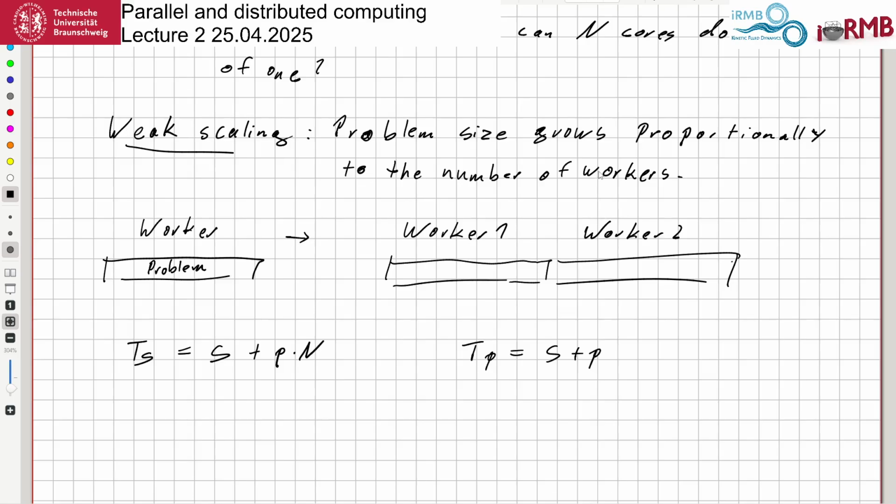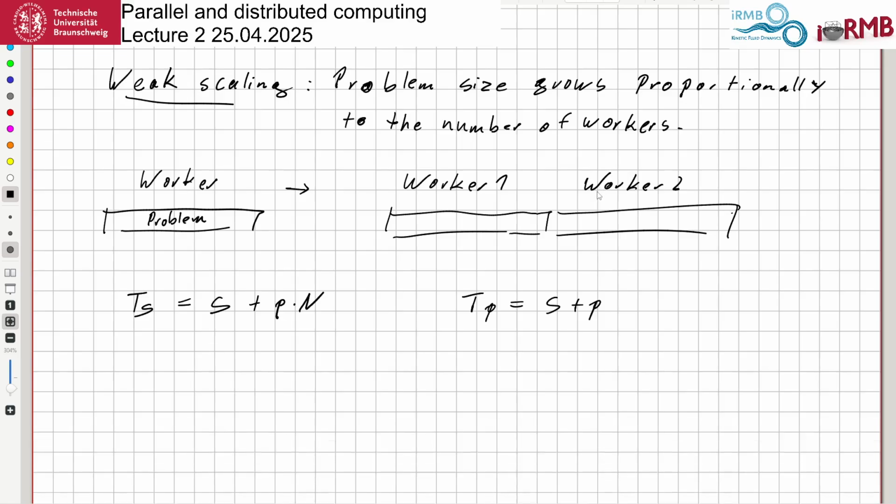And for the speed up of this, there's a different law that's called Gustafson's law. This gives us the speed up under weak scaling.